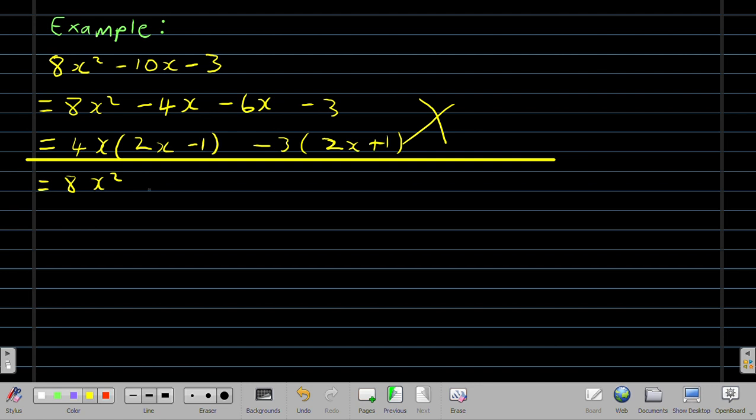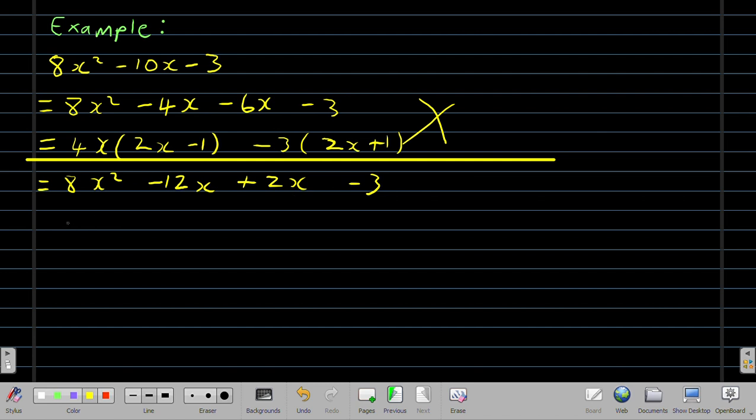Alright, so let's try to see what we can break this up into. So that did not work. Now let's try something different. Let's try minus 12x plus 2x.